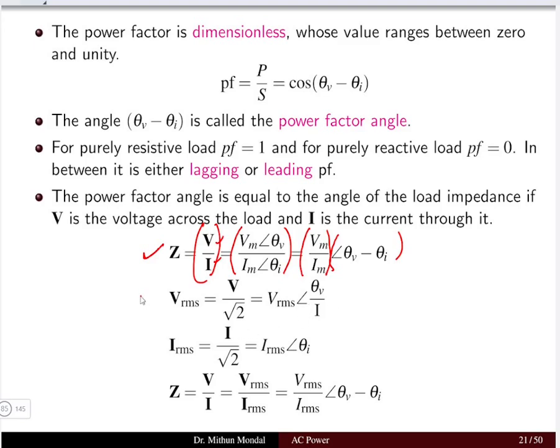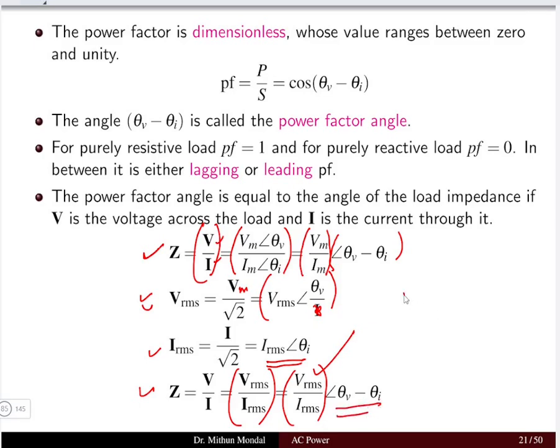Now the V RMS we can write as Vm by root 2, that is the maximum value of the voltage divided by root 2, so it is V RMS angle theta V. Whereas I RMS is I RMS angle theta I. Then Z, the load impedance, is equal to V RMS by I RMS. This is the magnitude, and theta V minus theta I is the angle.